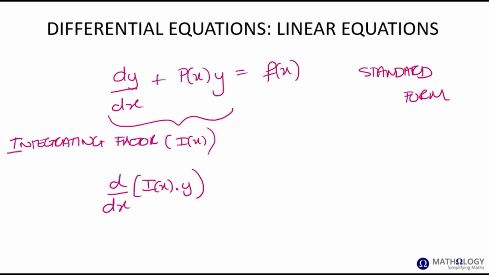So we're looking for the product of the integrating factor and the variable y, and we want the left-hand side to reduce to this. If we differentiate this function with respect to x, we differentiate the integrating factor, which is a function of x, and we differentiate y with respect to x as well.